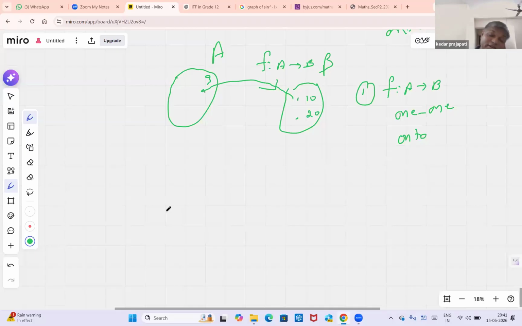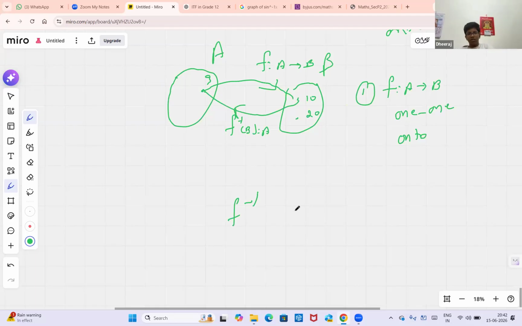So every inverse trigonometric function should be a function. Okay. Yes, sir. So it inverse. Suppose now I'm telling this, I'm writing F inverse from B to A. Is F inverse existing here or not?